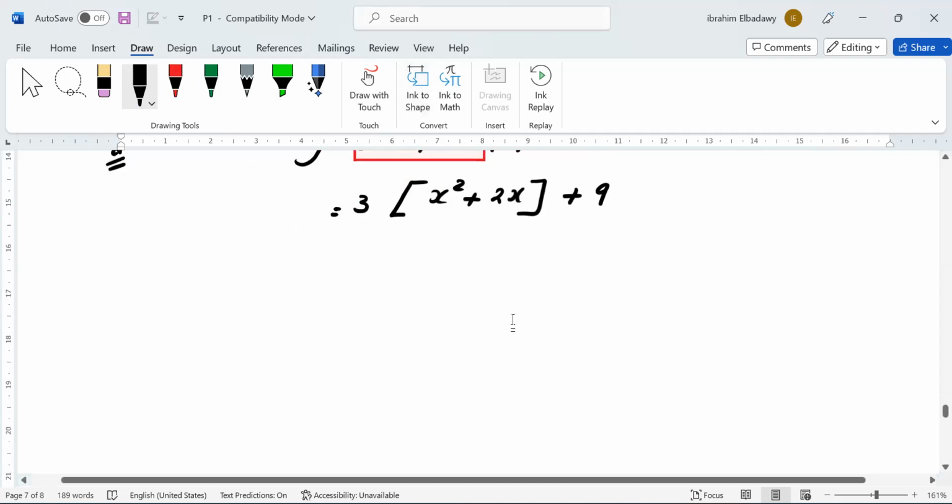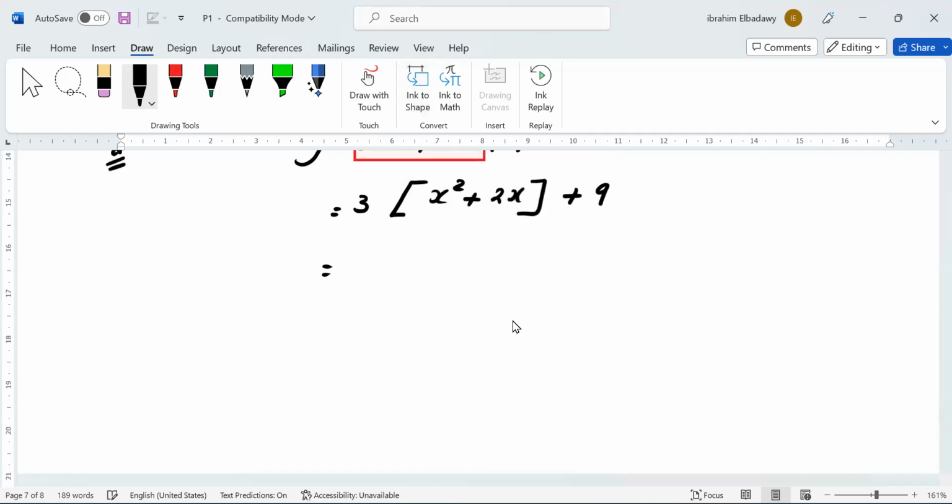Okay? Here, this value, which is 2, equals 2b, so b equals 1. Here you can write it, x plus 1 squared minus 1 squared plus 9.